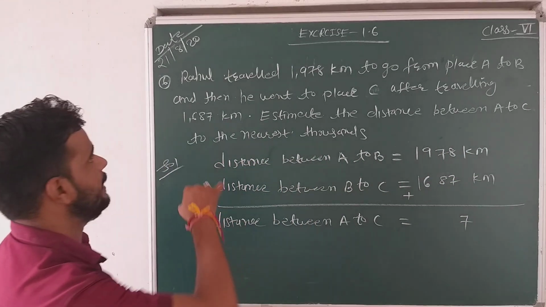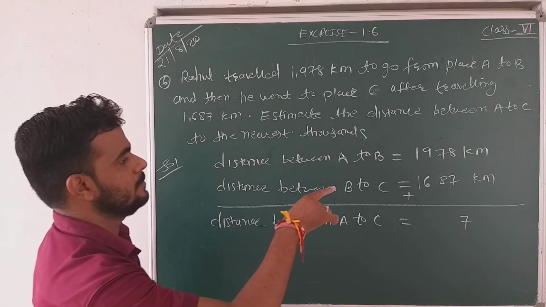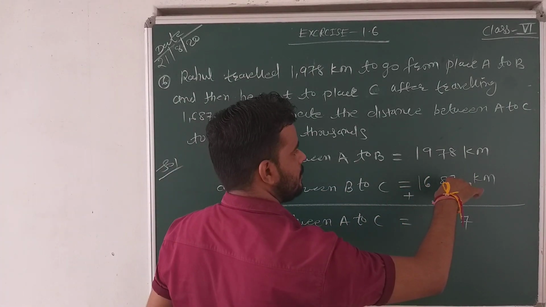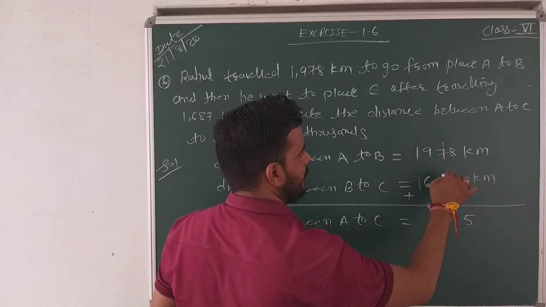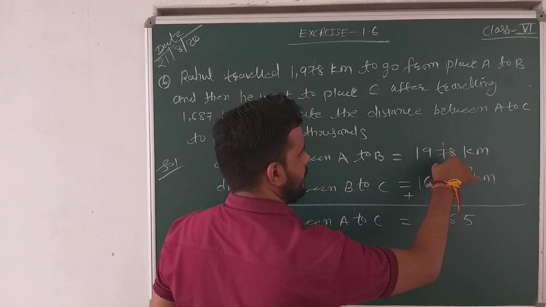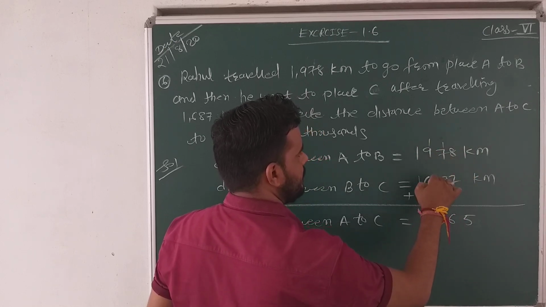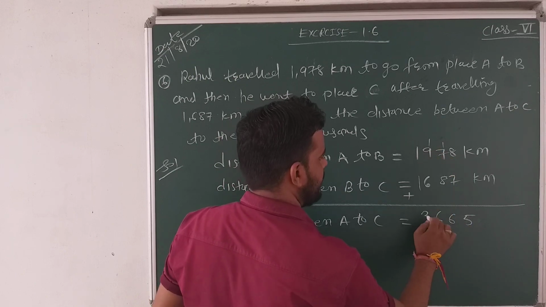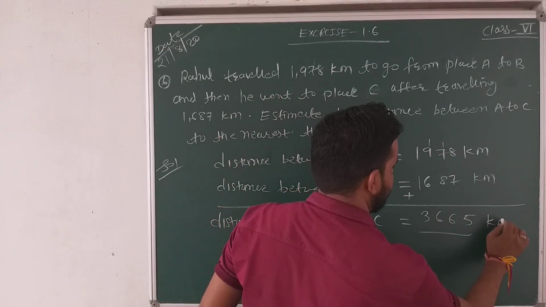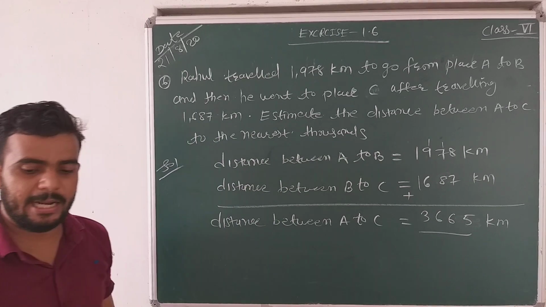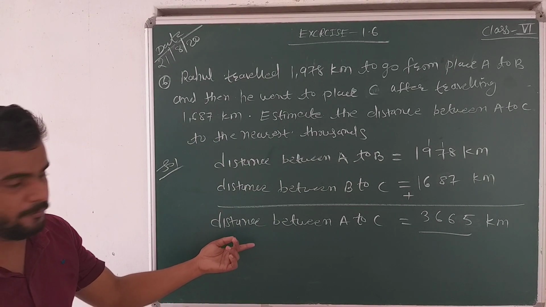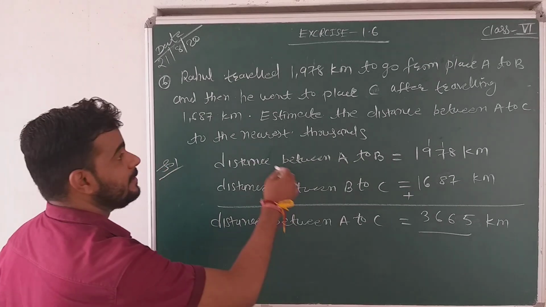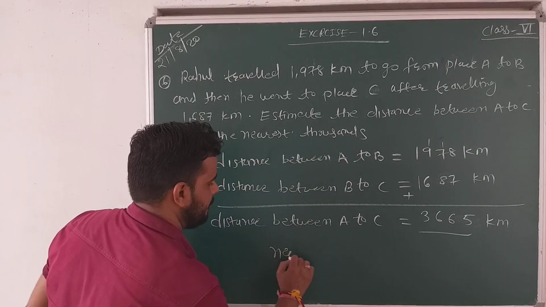Sorry. 15 carry 1. 8 and 16 carry 1. 9 and 16 carry 1. 3665 kilometers, and we have to estimate to the nearest thousand.